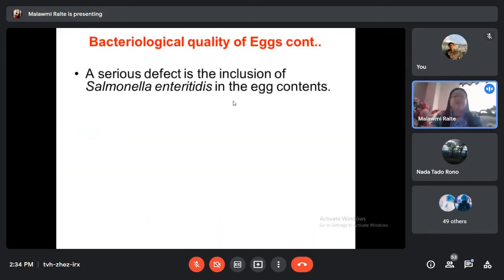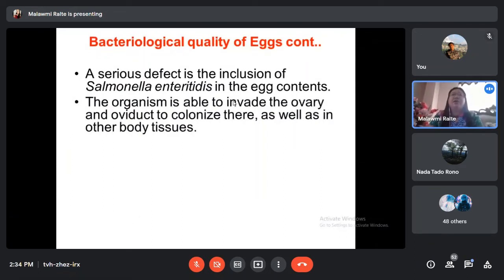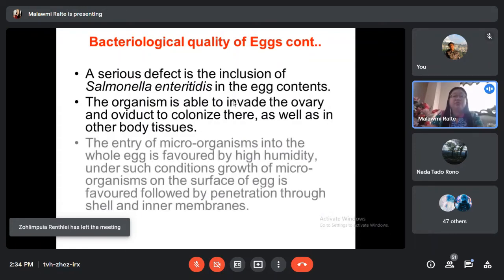Then a serious effect is the inclusion of Salmonella enteritidis in the egg content. So in the previous classes, I have told you about poultry and poultry products. For this, Salmonella is more prone to them. Okay, so the organism is able to invade the ovary and oviduct to colonize there as well as in the other body tissue.